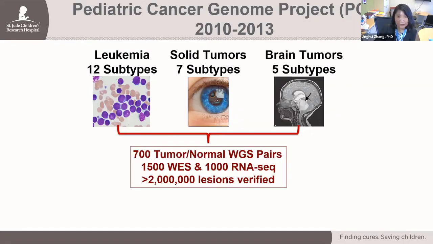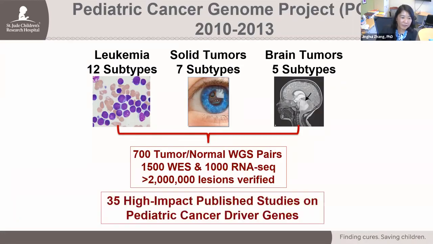More importantly, we also performed experimental validation for over 2 million somatic alterations. And that ensures that we can develop innovative analytical tools that can support clinical investigation in the future.